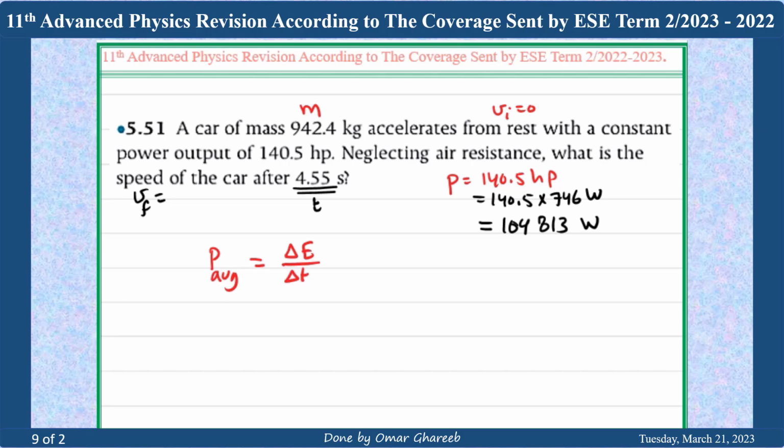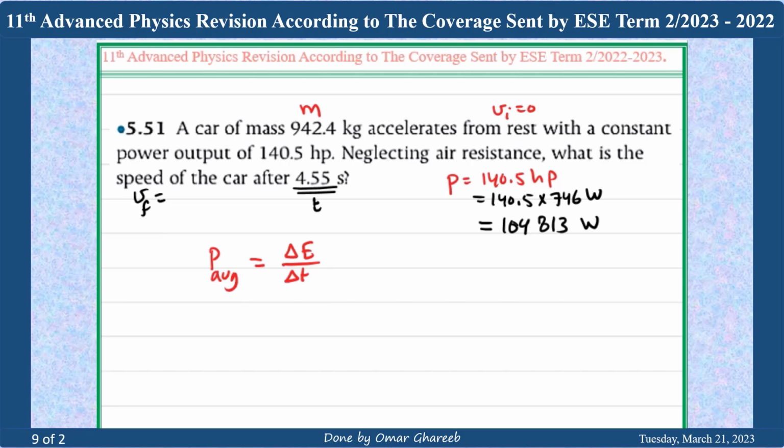For the average, we name that as work over T, E over T, FV cosine theta. If you use omega delta over T or E over T, we mean average power.